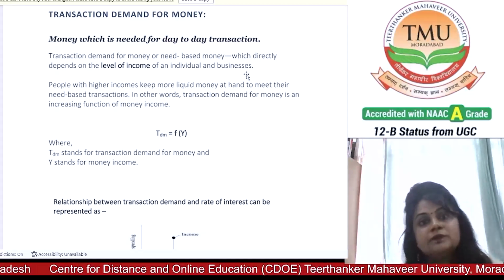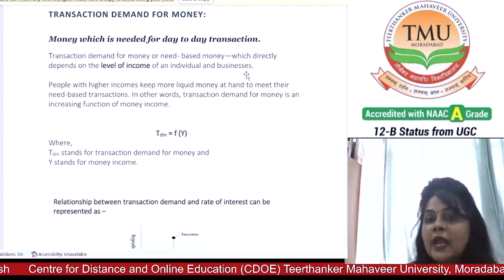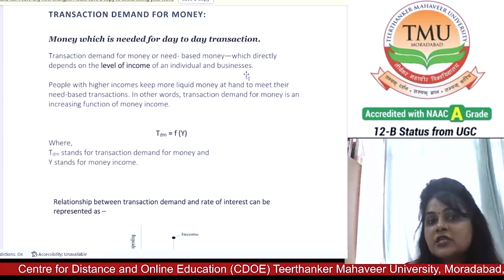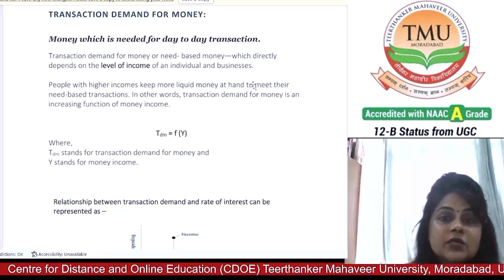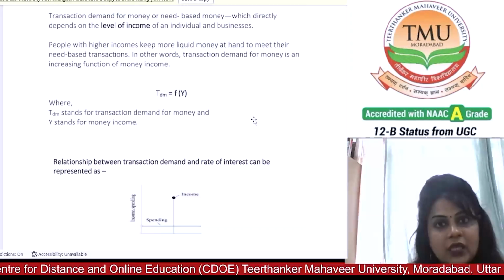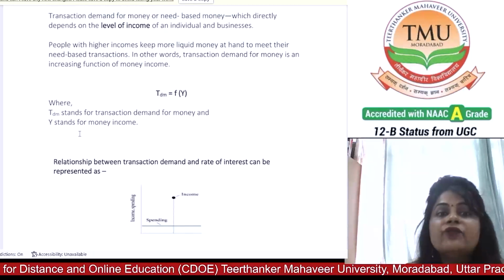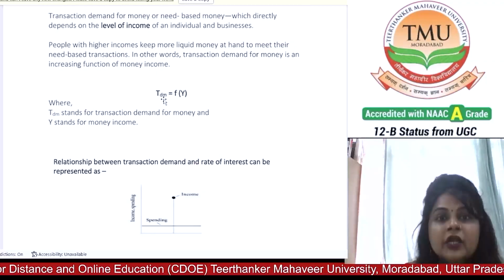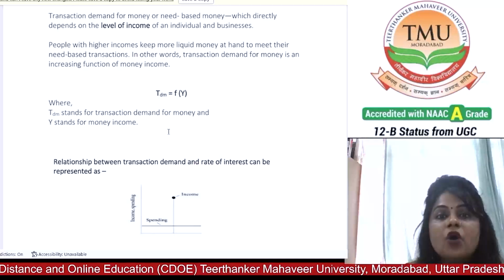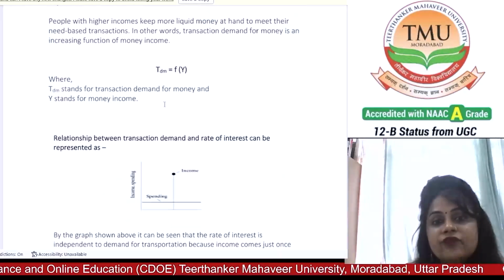People with higher income keep more liquid money at hand to meet their need-based transactions. In other words, transaction demand for money is an increasing function of money income. TDM stands for transaction demand for money, and the function is of money income.